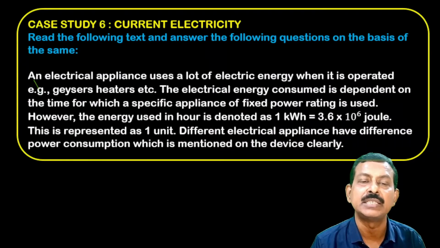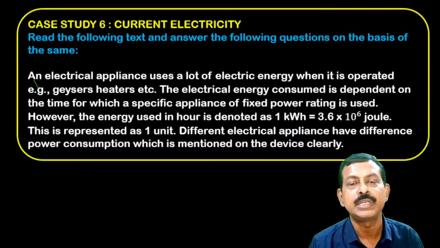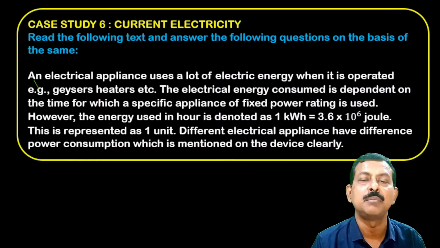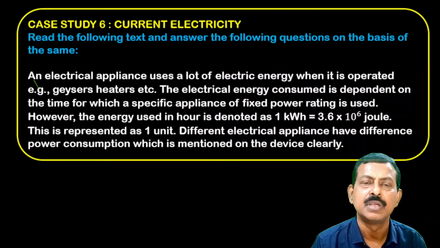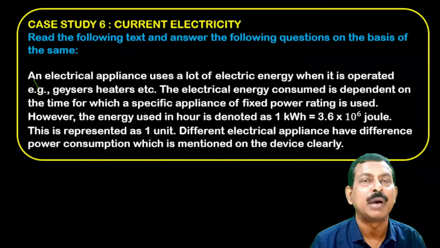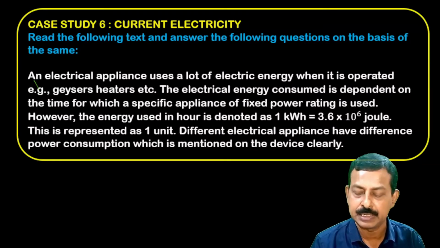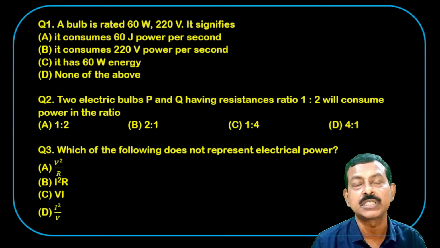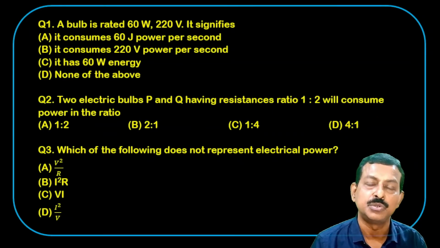This is represented as 1 unit. Different electrical appliances have different power consumption, which is mentioned on the device clearly. So this is the detail of the power rating of the appliances, and the commercial unit of electricity which we take is 1 kilowatt hour, which is 3.6 into 10 to the power 6 joule.